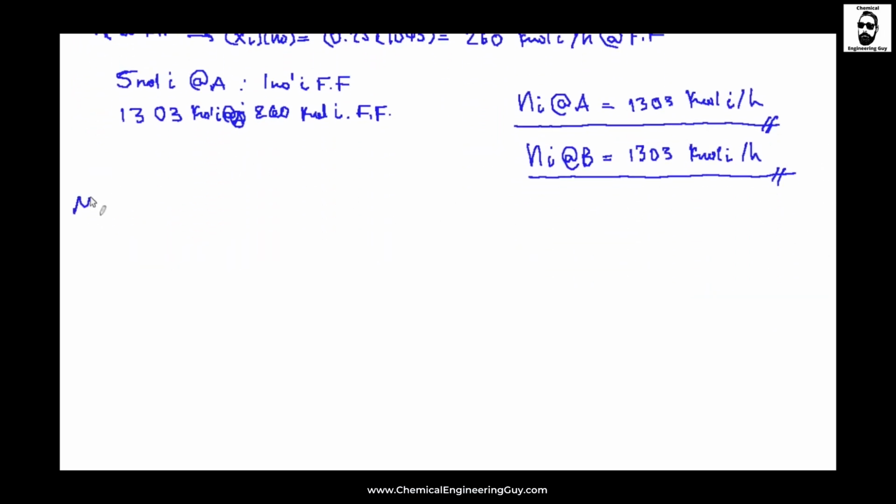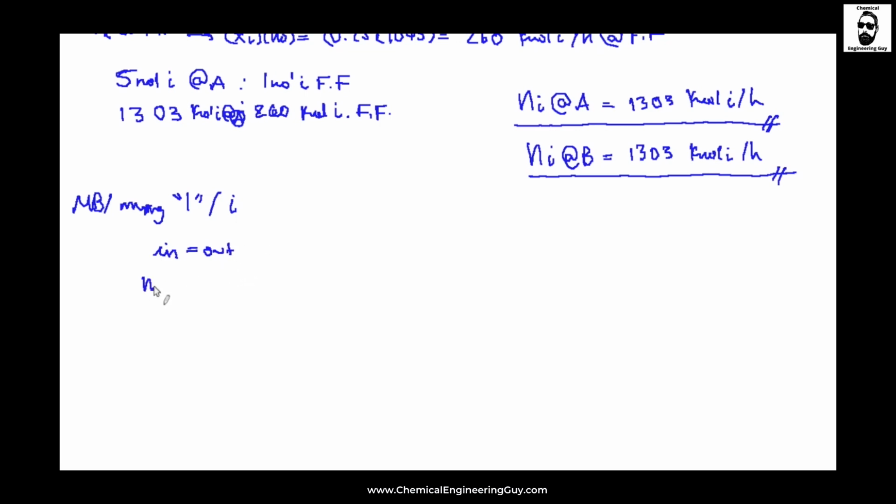Let's do a mass balance at the mixing point, the first mixing point, on isobutane, where inlet equals outlet. Let's do a mass balance of I. So what's entering here, and what goes out here.